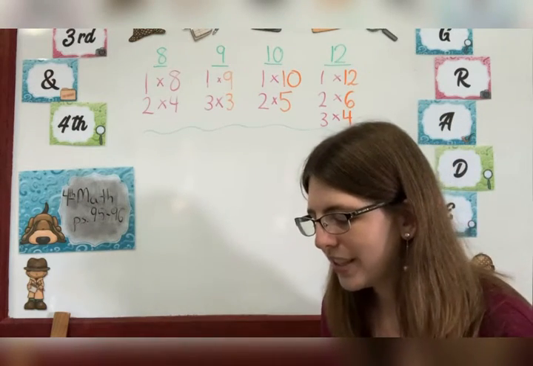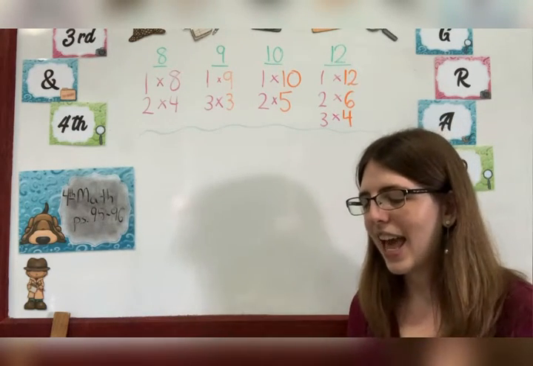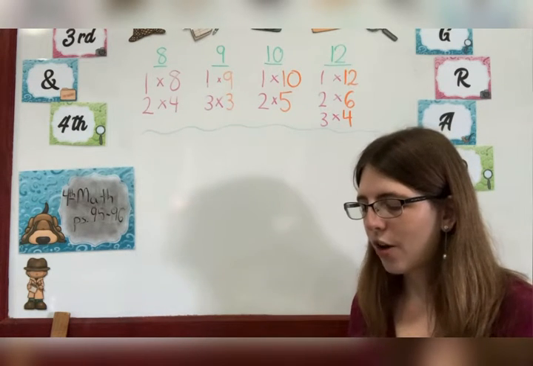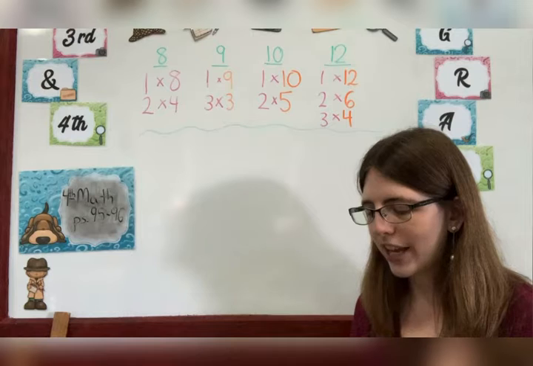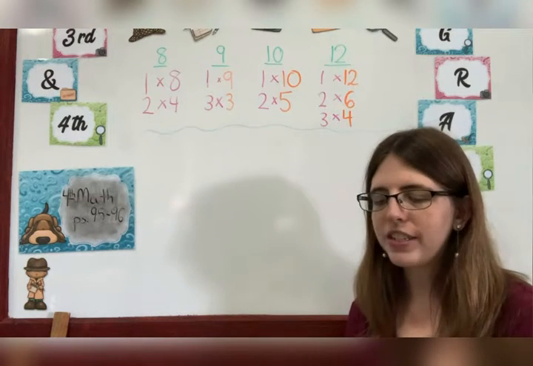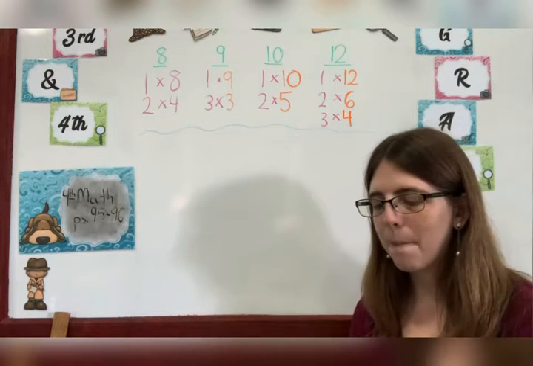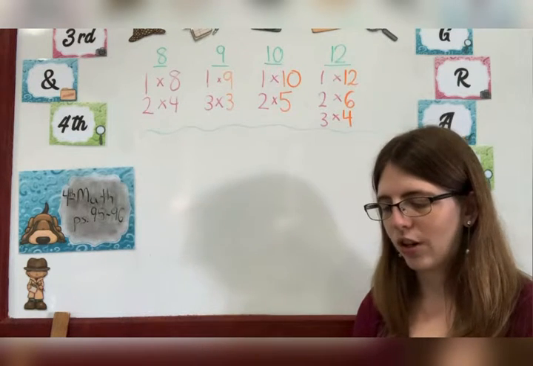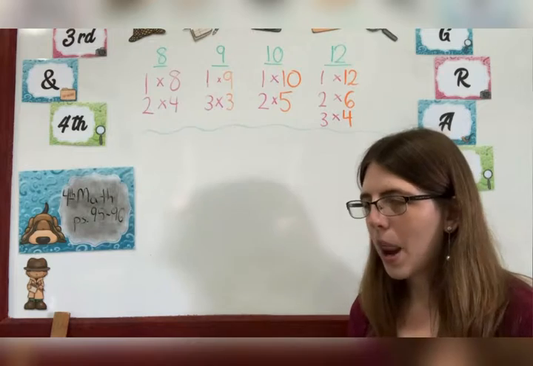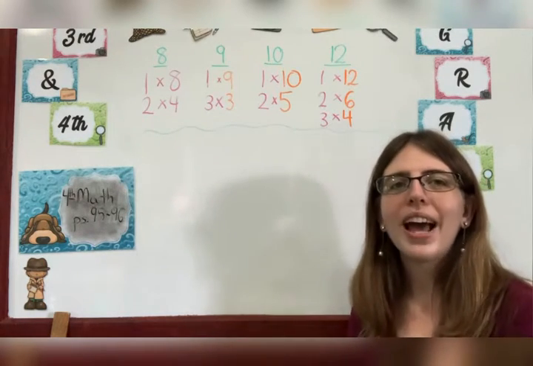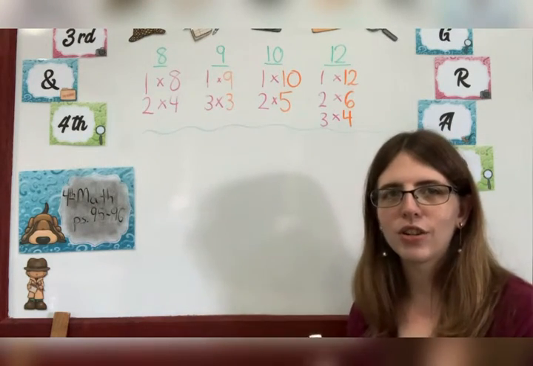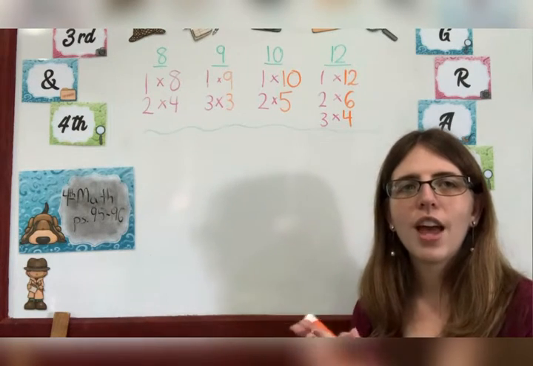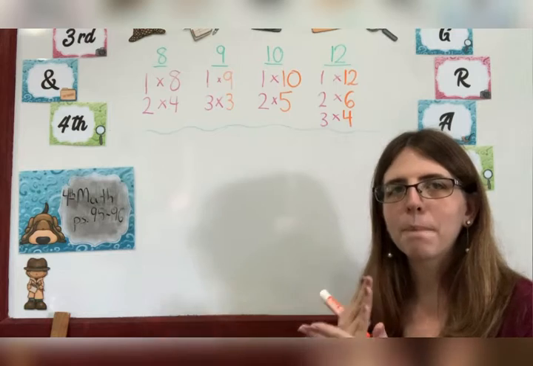Now I want you to do the same thing with 16 and 11. Okay, now exercise 2 says, give all the different factors for these numbers. Use the pair factors to find the answer. The reason why it says different factors is sometimes in the pairs of factors, you have the same number being multiplied.